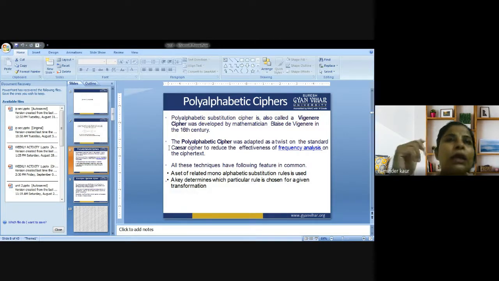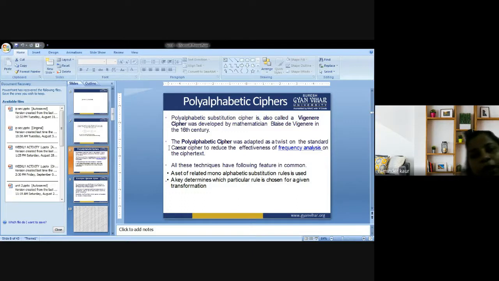If you remember, in the previous class we used a technique in which 3 rules were given: if 2 characters are in the same row, if 2 characters are in the same column, and so on. We choose the rule according to the key that is given to us. The same is the case here in the polyalphabetic cipher. We are going to follow some rules.